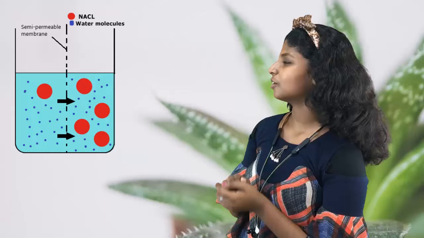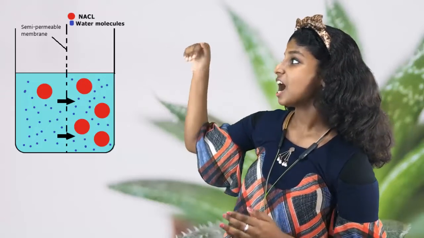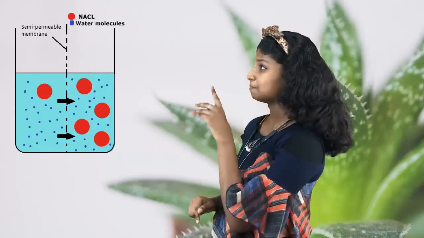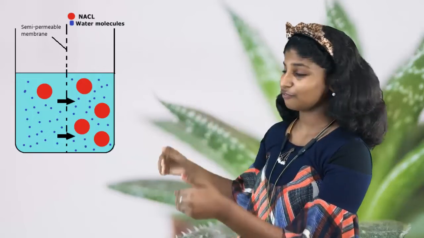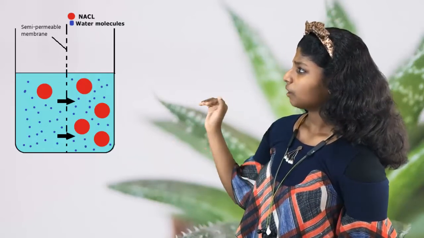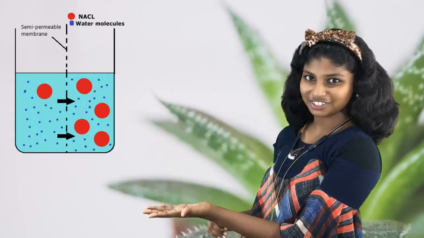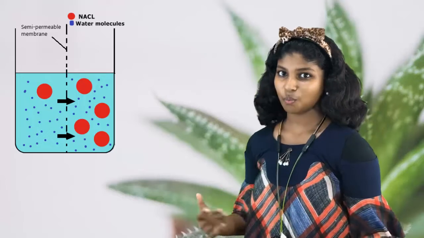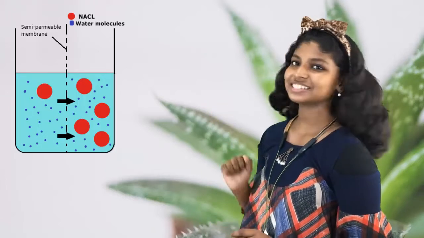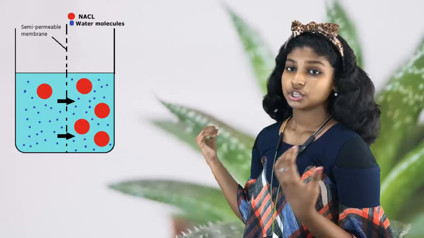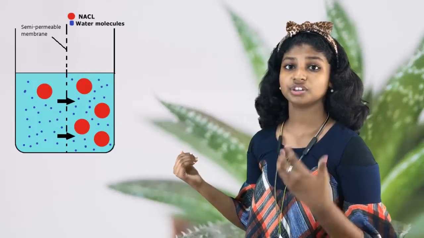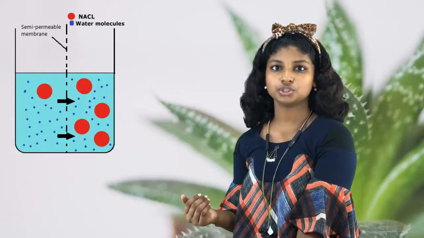Now let's look at a small example. Here we have a tub, and we have placed a semi-permeable membrane in the middle of the tub. On one side we have H2O, that is the water, and on the other side we have the salt solution, that is the NaCl solution.